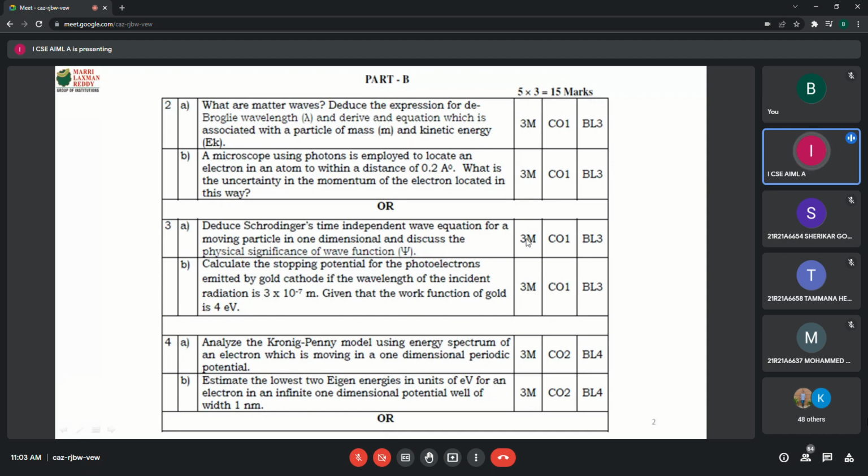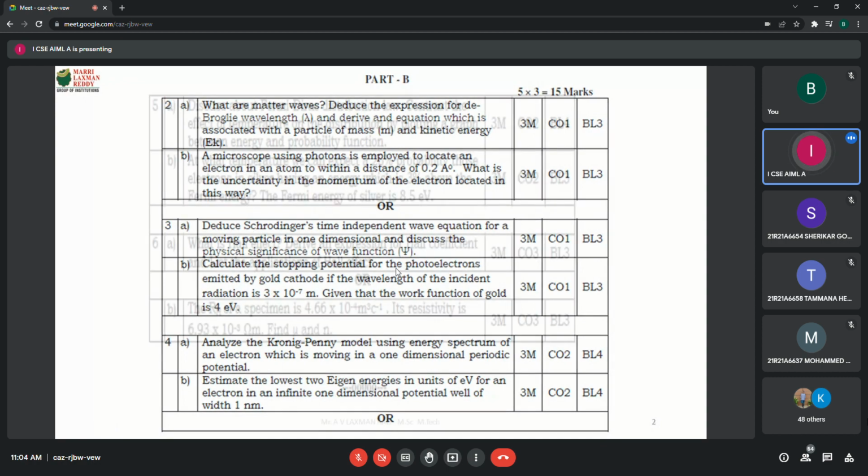Which are carrying equal marks here. If you attempt this, you are going to get 6 marks, and if you attempt this, you are going to get equal marks, 6 marks. So that is about the first unit.